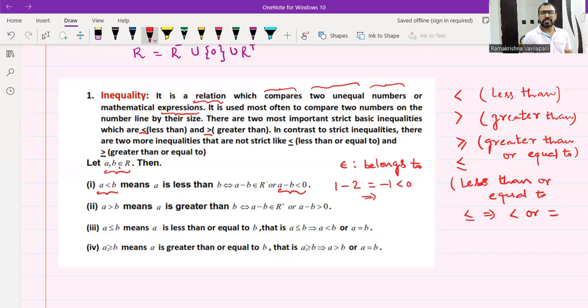Therefore, we can say that 1 is less than 2.